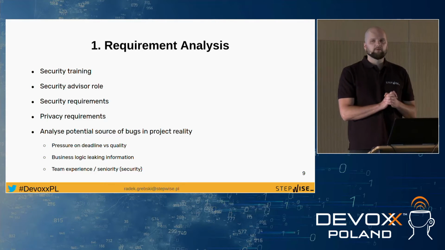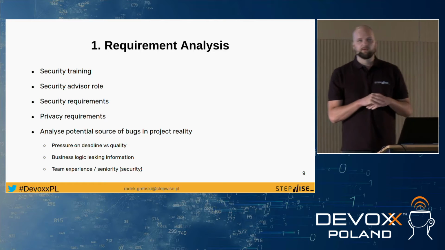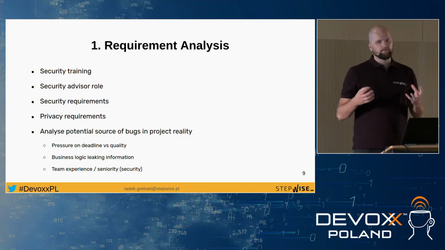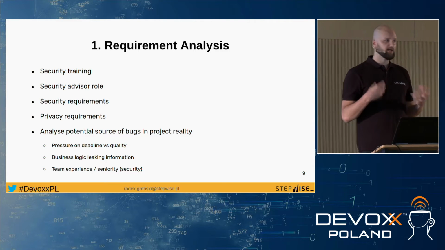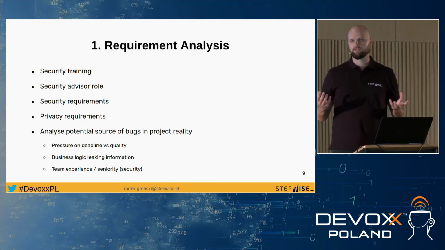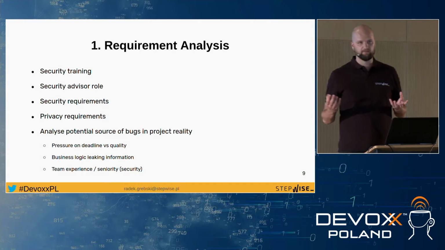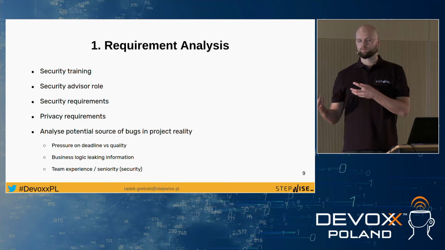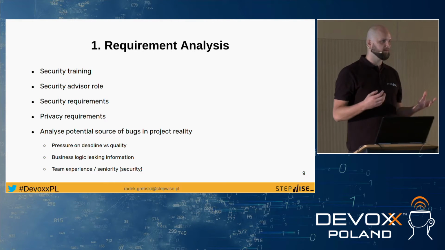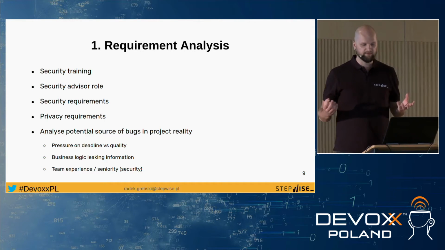We should also consider privacy requirements, because in a different way we want to secure data like an IP address, even though according to GDPR it's personal data and we should protect it. But we won't protect that data as much as we would protect, for example, an ID number, first name, last name, and addresses.